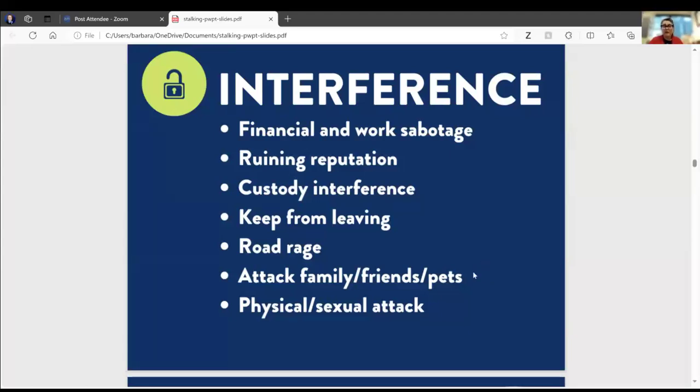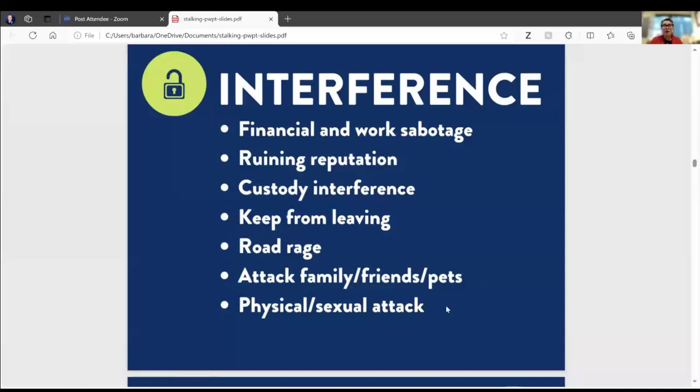They will often tell the victim that they're never going to get custody, that they will take the children and they will move and they will never find them again. They will also use family pets. I have seen recently where pets have been killed, where pets have been harmed physically, or they threaten to take the pet away and they wouldn't ever see that pet again, much like the children.